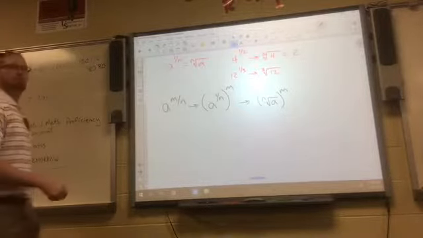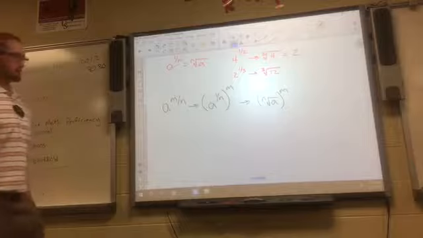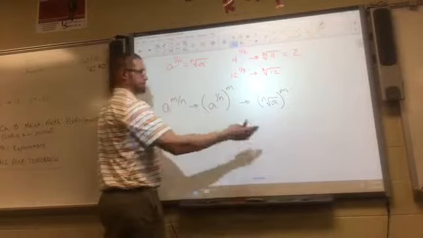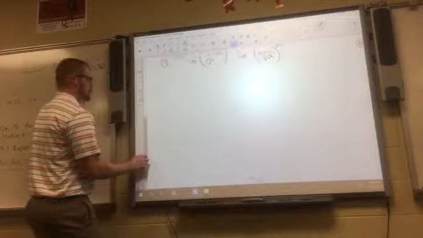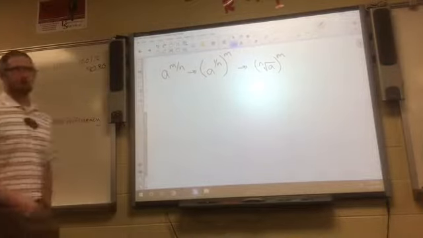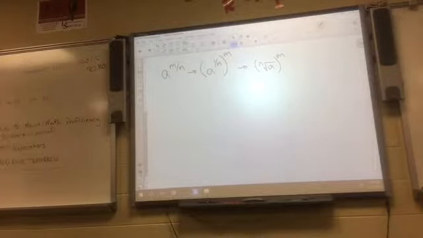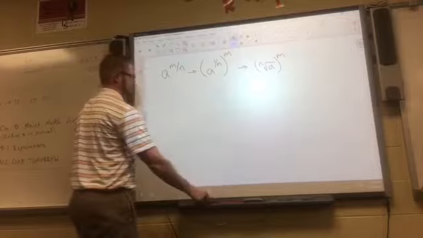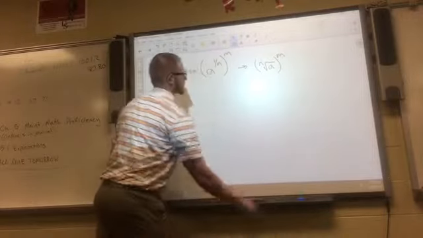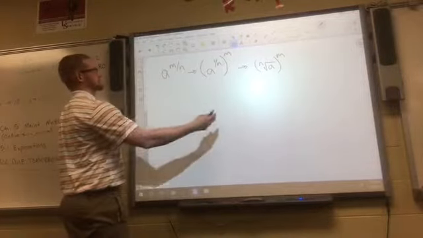Okay, what we're doing is we're simplifying in different ways. And again, this is all setting you up for in a couple sections when we're doing this with variables. They're just setting you up right now. You do need to know how to do this, obviously, but they're setting you up for something we're going to do down the road.